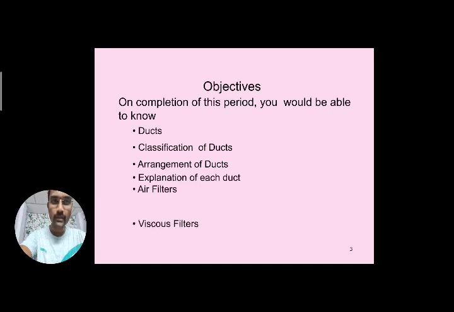Next we move on to the air filters. We will see the classification of air filters, and in today's session the dry filters and the viscous filters, and how air filtering takes place.